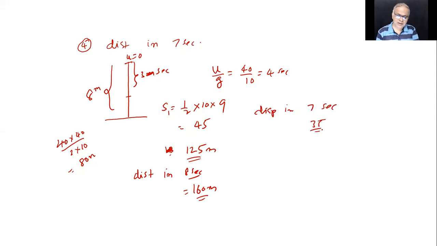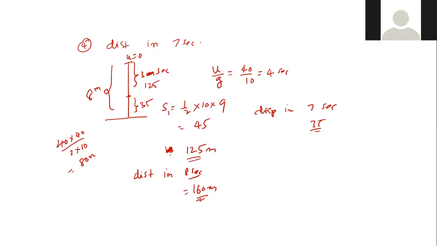So refer back. So this 80 up, 45 down, 125. Remaining is how much? 35. So after 7 seconds, the body goes there and comes here. So it has a displacement of 35 and a distance of 125. Put together, that is 160, isn't it? The distance. Do you understand that, Amar? Yes, sir.